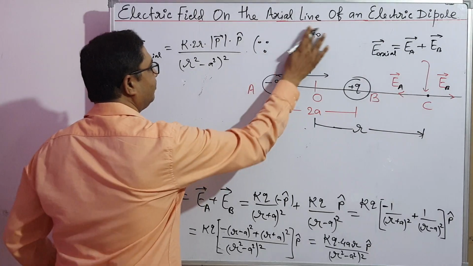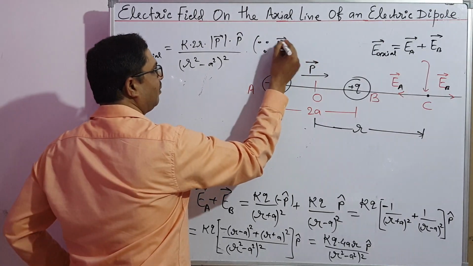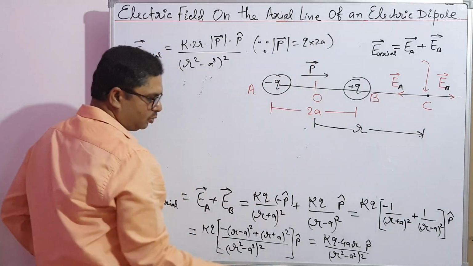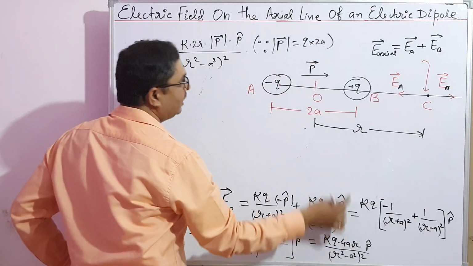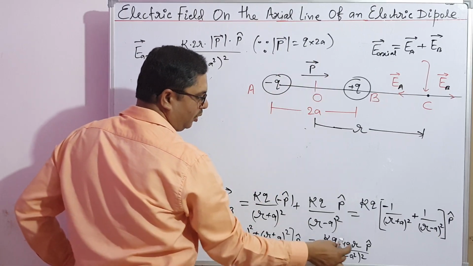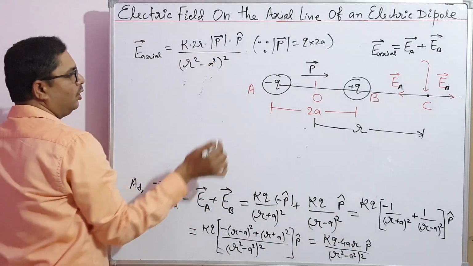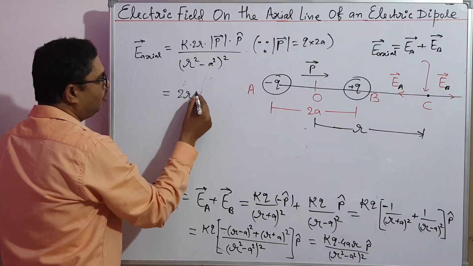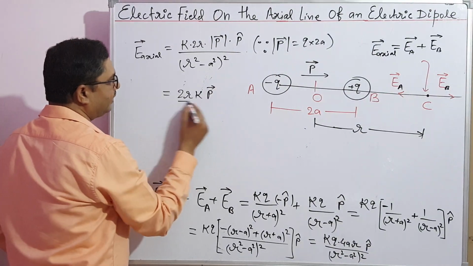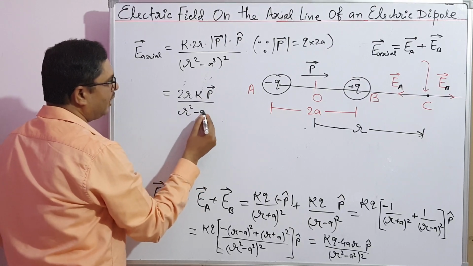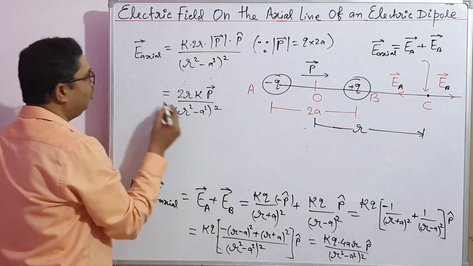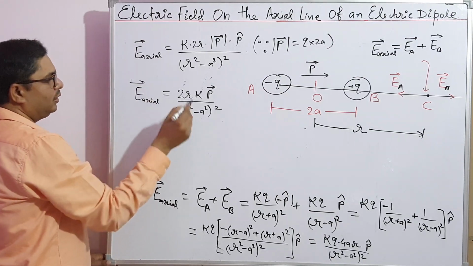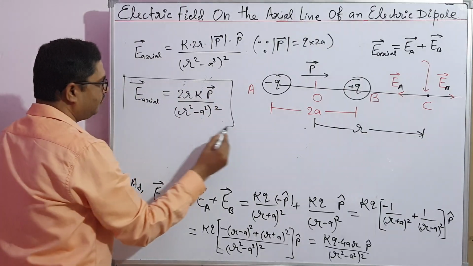I am explaining again: P magnitude is equal to Q into 2A, and the remaining 2 into R we have written here. Now this gives you E axial equals 2RKP vector by R square minus A square whole square.